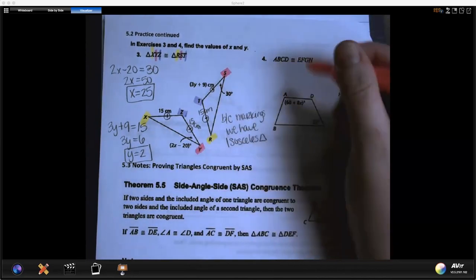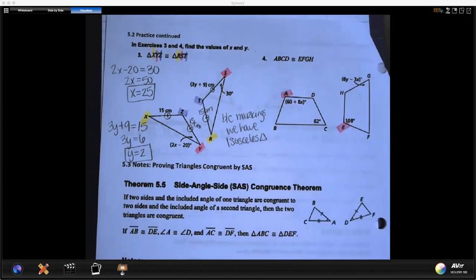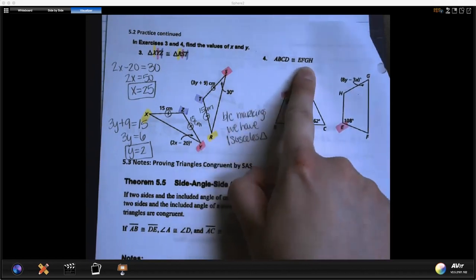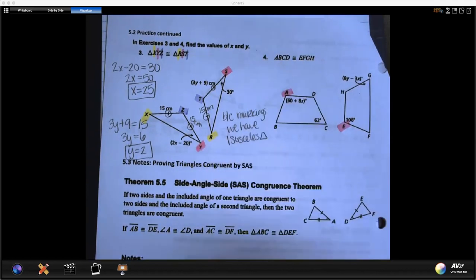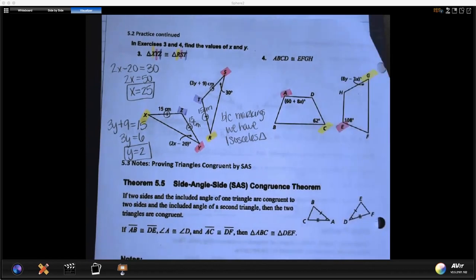And then from here, C would correspond with G. If you don't start by identifying the matching parts, then you're going to set up the problem wrong. So that is an important step.